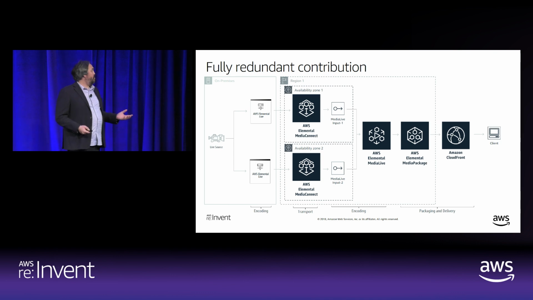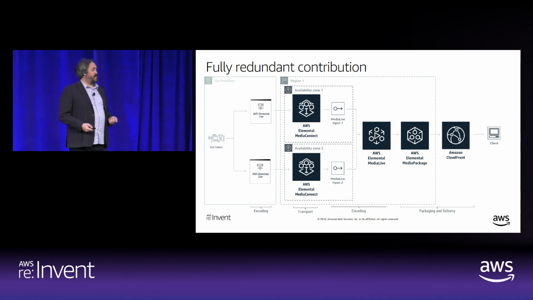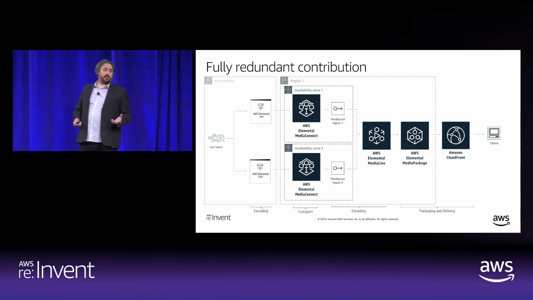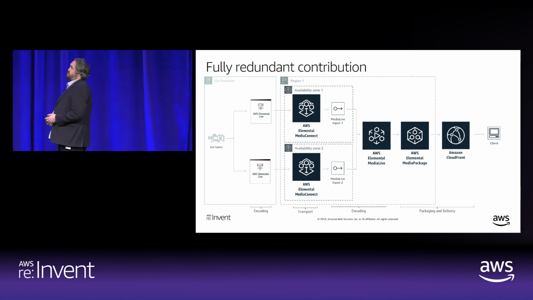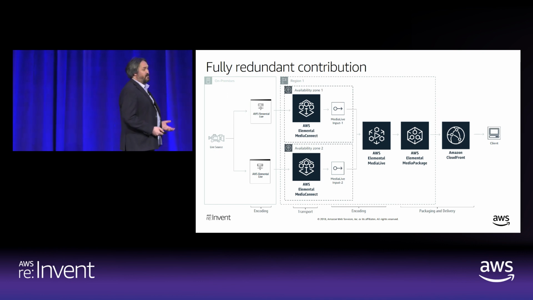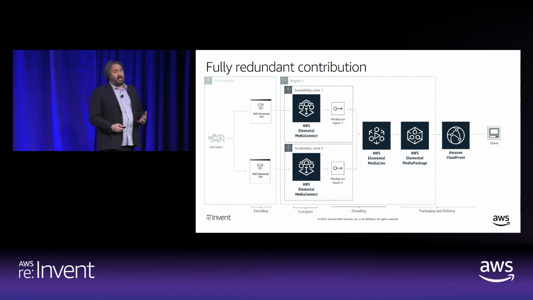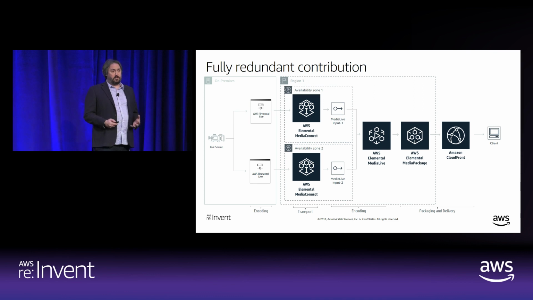We have 2 individual on-premises encoders feeding 2 MediaConnect flows, which are AZ-aligned with each of the input endpoints of a MediaLive input. This is quite a resilient model that would give you that kind of redundancy that you'd want for a premium channel. So again, very flexible, designed to work with your own tolerance for risk and redundancy requirements.